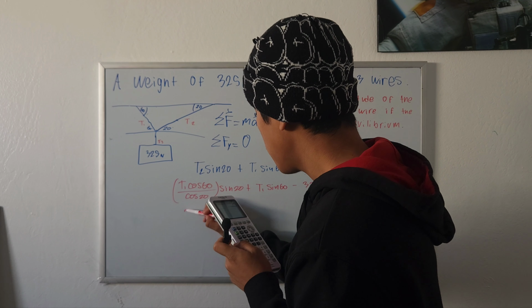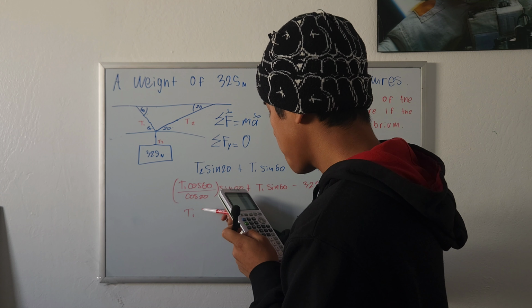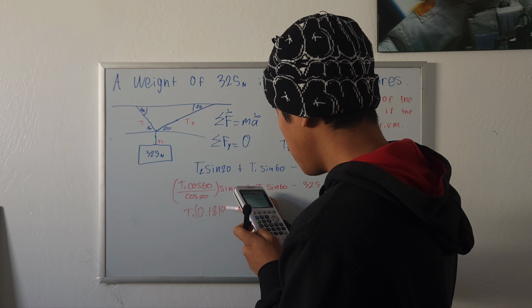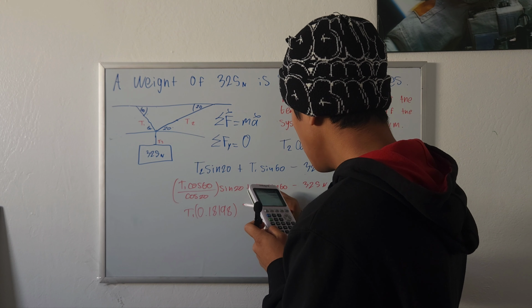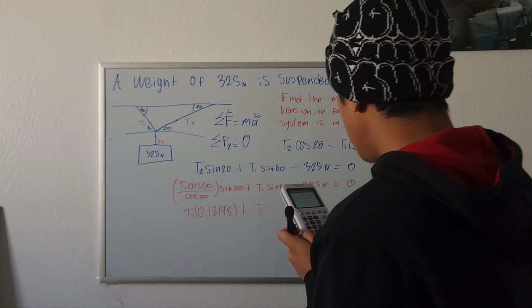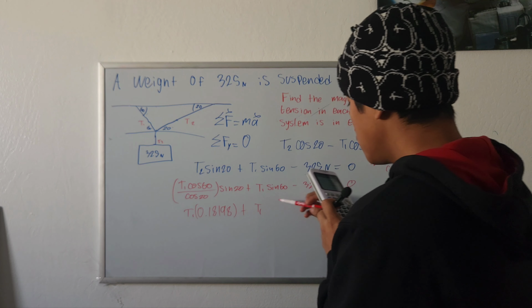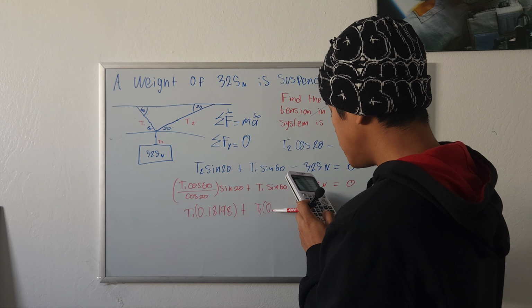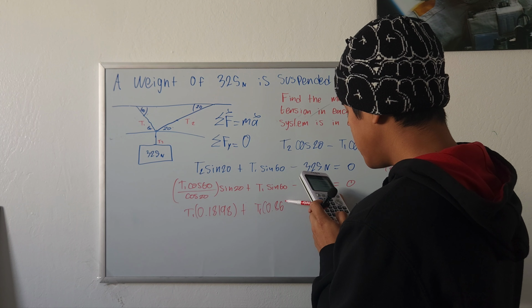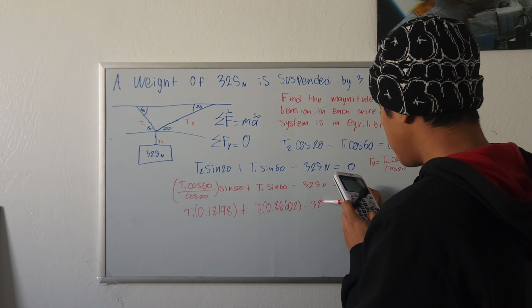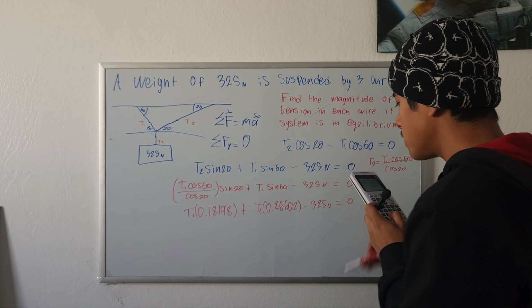So you're going to get T1 multiplied by 0.18198 plus T1 and then sine of 60. So sine of 60, T1 multiplied by 0.86602 minus the 325 newtons equals 0.